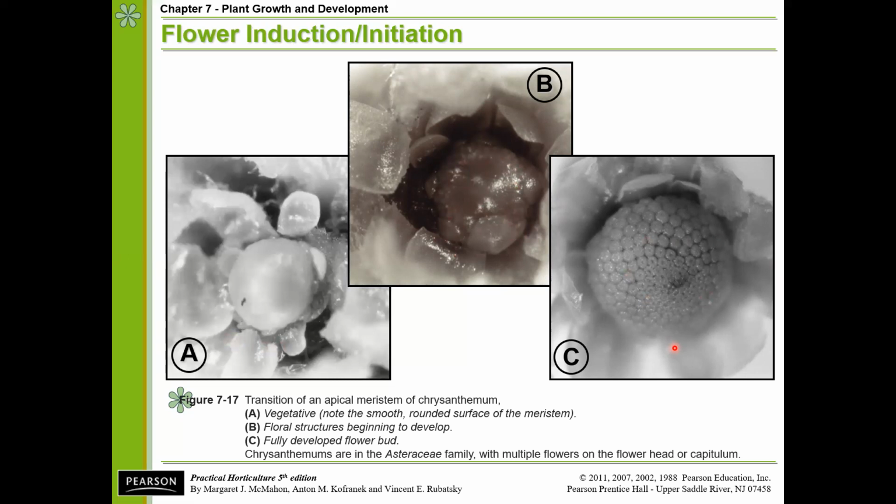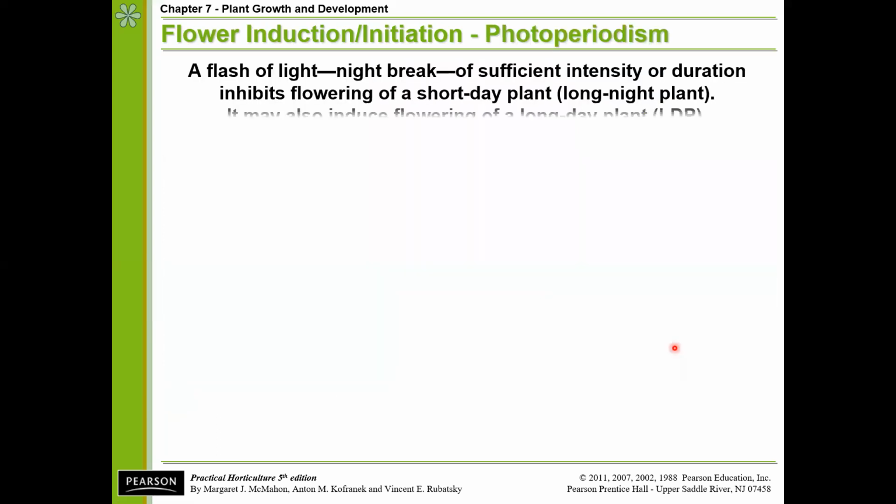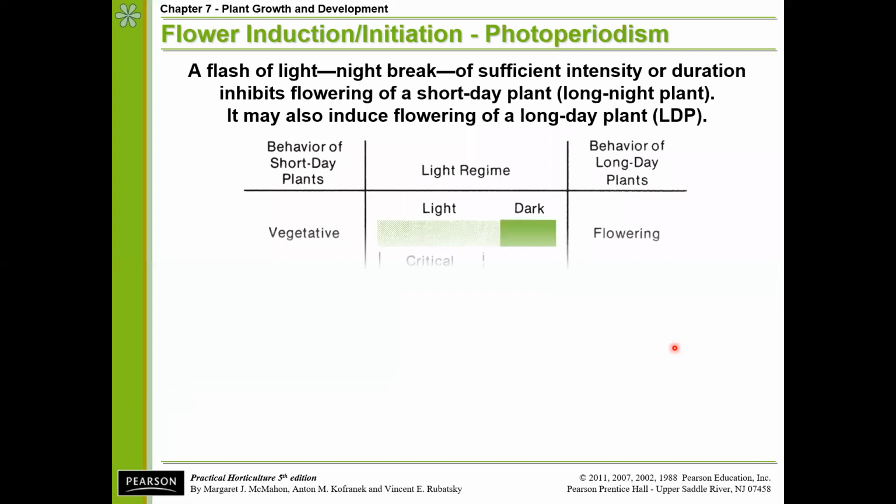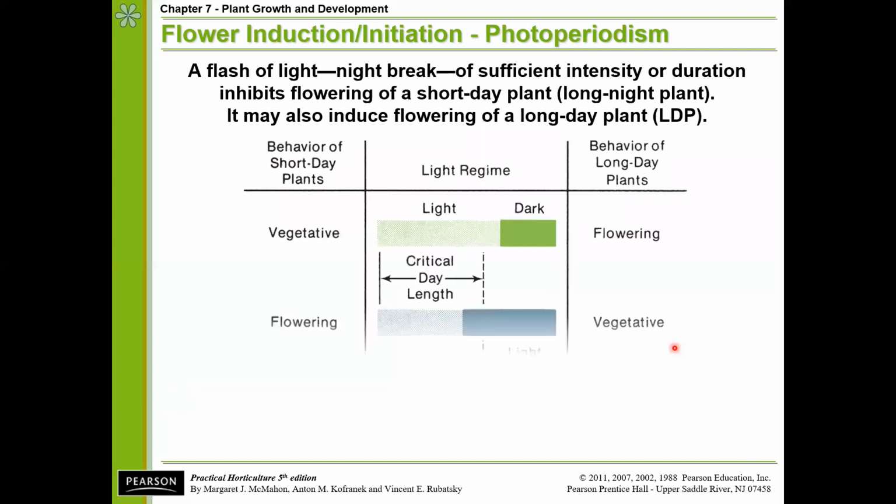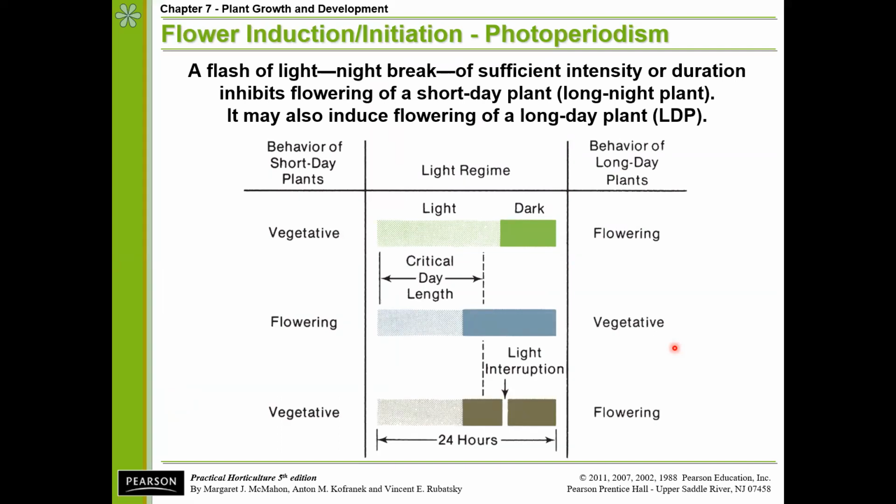And so many plants are doing that on their own and inducing flowers just as they get an accumulation of heat. But some plants are going to do that in response to the photo period. So as it changes from short days to long days, for instance, then it can induce the flowering of plants.